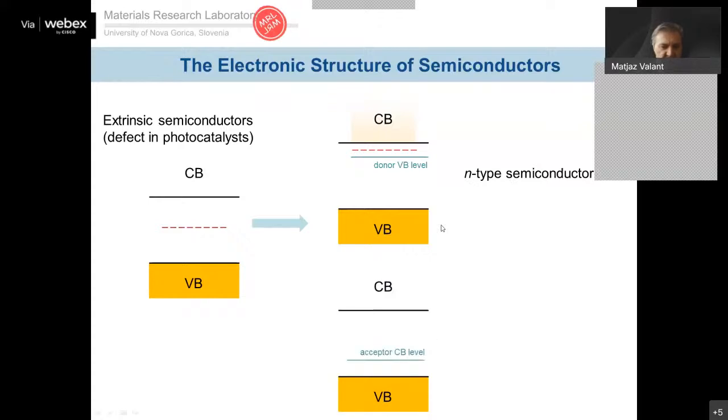Quite the opposite, if we dope the semiconductor with an electron acceptor, then we would have the acceptor band near the top of the valence band. And now if we calculate the Fermi-Dirac distribution, we would come to a picture that I'm showing you here.